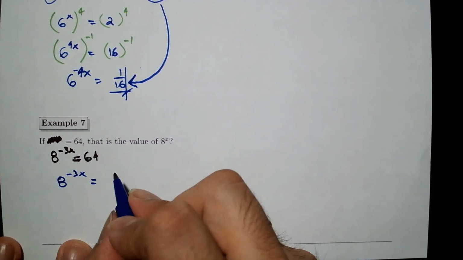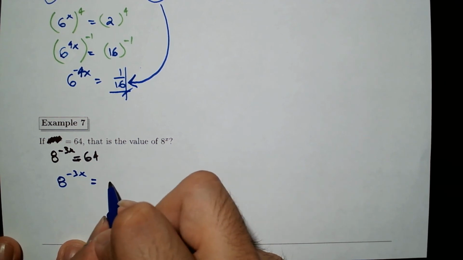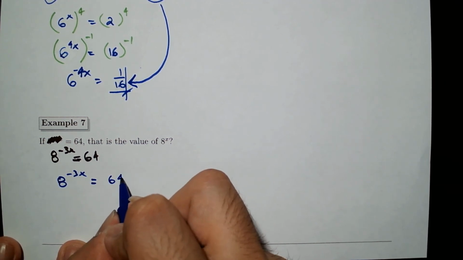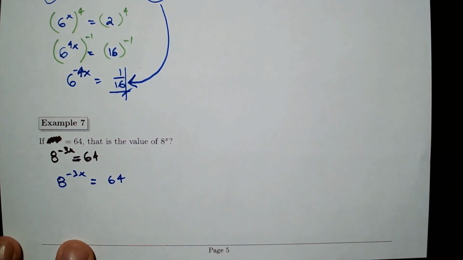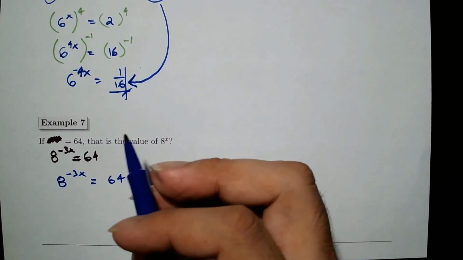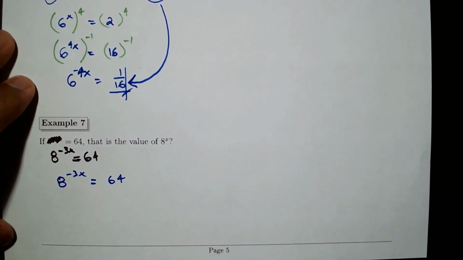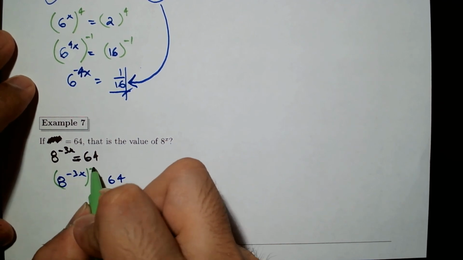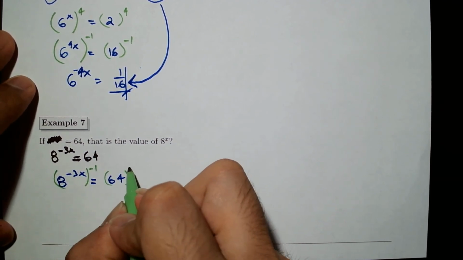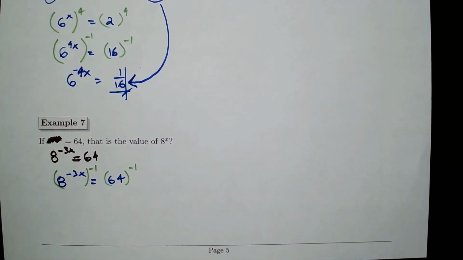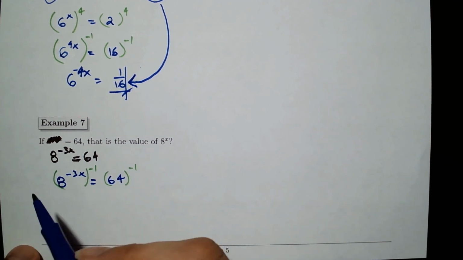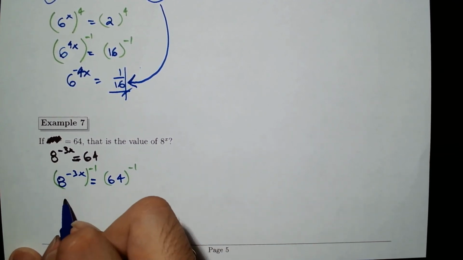First of all, the first thing I do here is to raise to the -1 on both sides of this mini equation in order to make this positive.